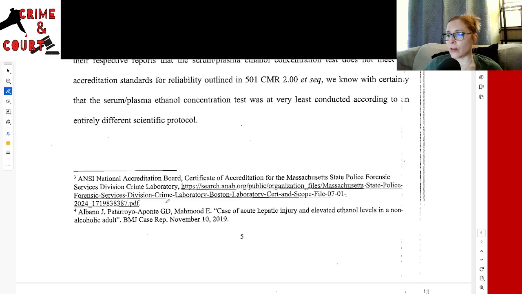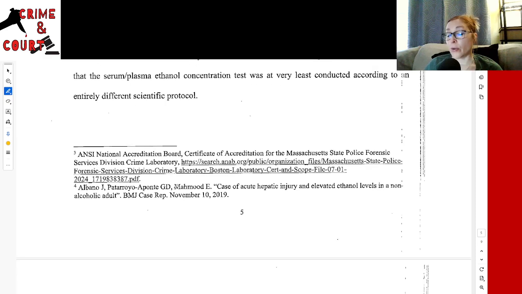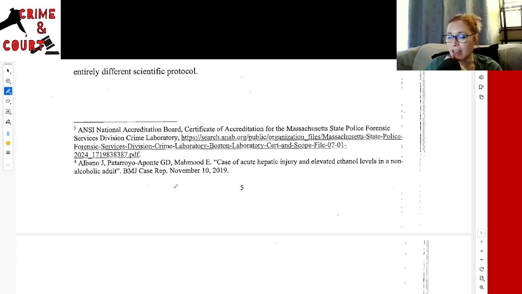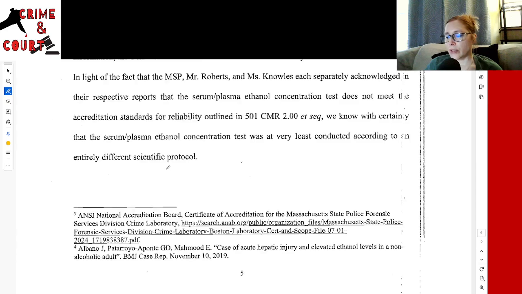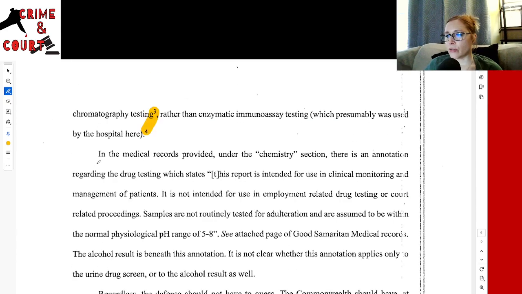So she's citing their policies, or the author of this filing, I should say. I don't want to assume that it's Liza Little, but she probably does a lot of the filings here. The next footnote says: case of acute hepatic injury and elevated ethanol levels in a non-alcoholic adult. I don't know, that's some case that they're referring to there.